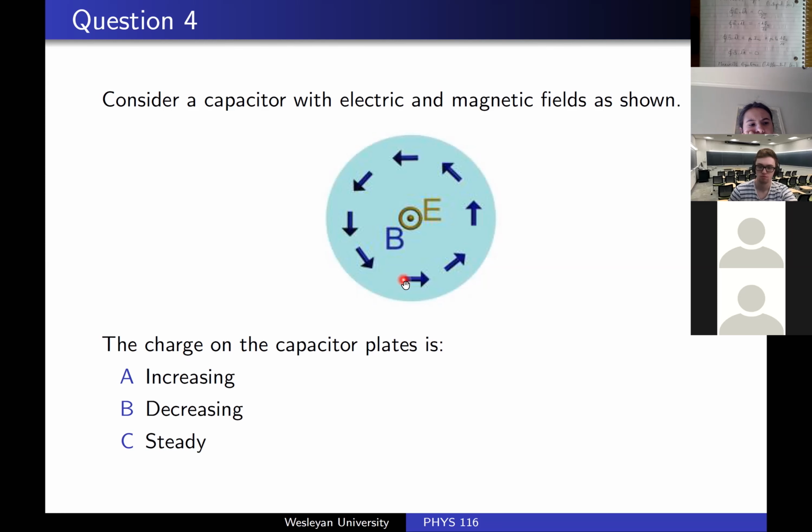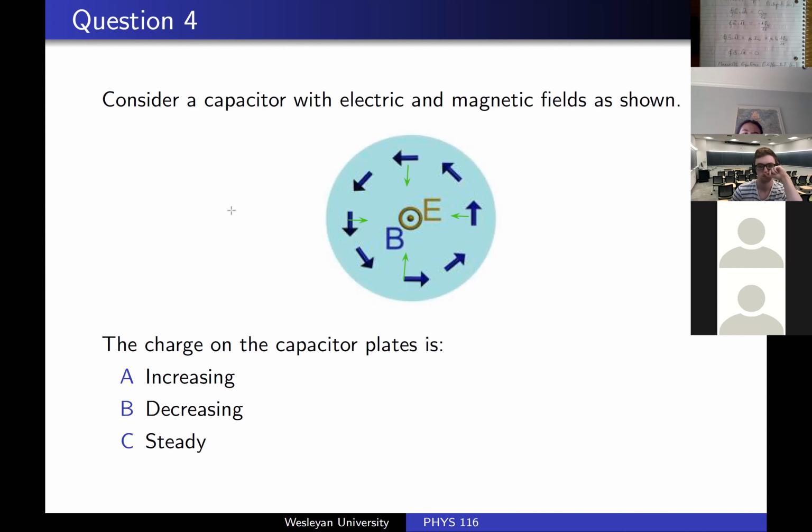Now, if we look at it in terms of the Poynting vector, at this direction, if I do E cross B, the Poynting vector is pointing inward.